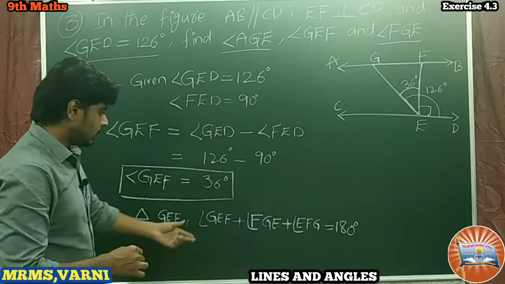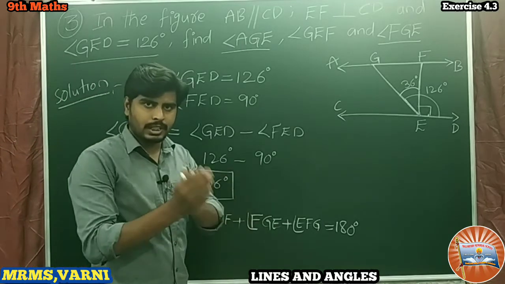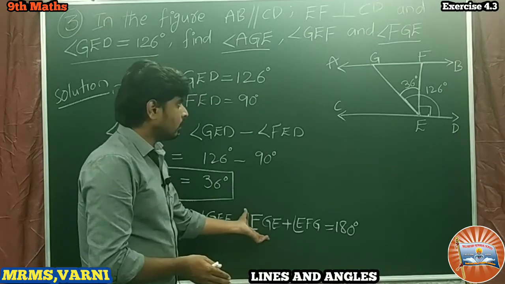So in every triangle, the sum of three interior angles is equal to 180 degrees. That is what I have written here.